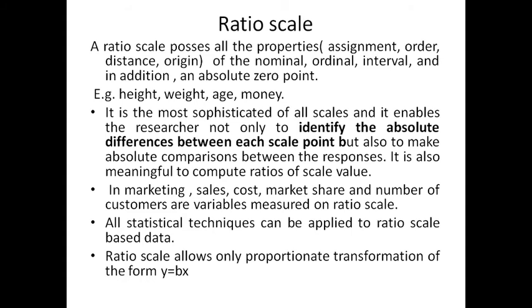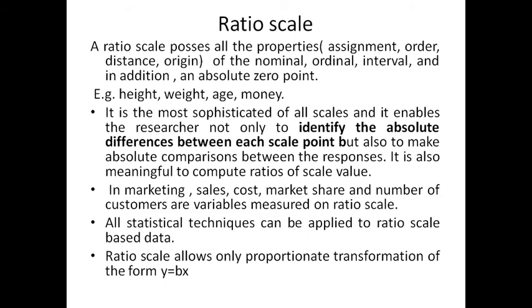Now ratio scale has an absolute 0 point. Height, weight, age, money, these things are measured in ratio scale. They can be measured in other scales also, but if measured in ratio scale, then more and more information can be collected from the respondents.